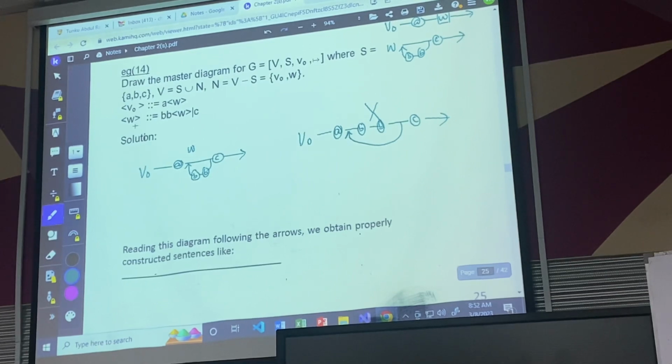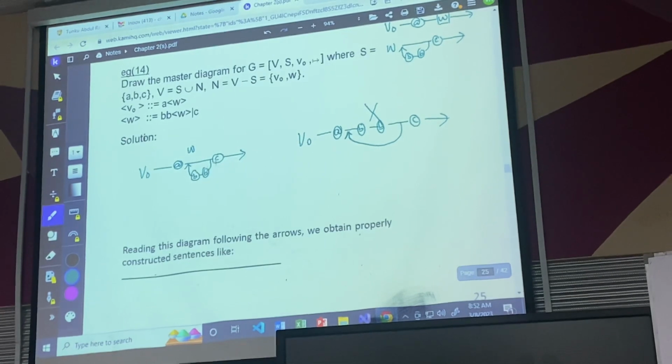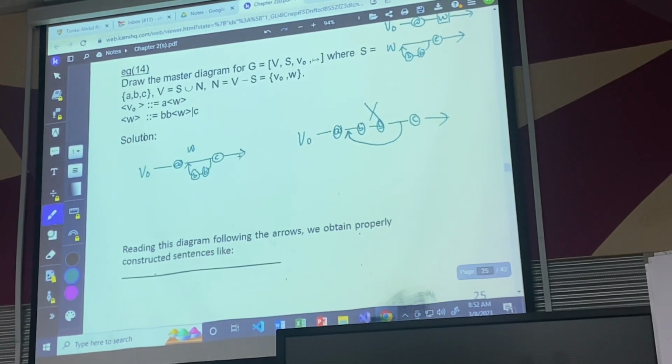Then you can straight away substitute the W with C. If you don't go to the loop BBW, you can straight away go to C. But if you draw the BB on the line, you cannot go straight to C without BB. You need to go through BB first, then only go to C. But that is not correct, isn't it?